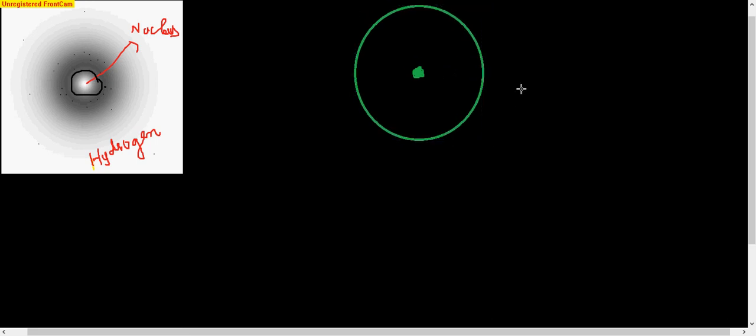That's not scientifically correct, because there is a ratio between the size of the nucleus, the volume of the nucleus, and the total atomic volume. The nucleus is actually 1 by 10,000 of the total volume of the atom. So when we draw it like this, it's scientifically not correct.